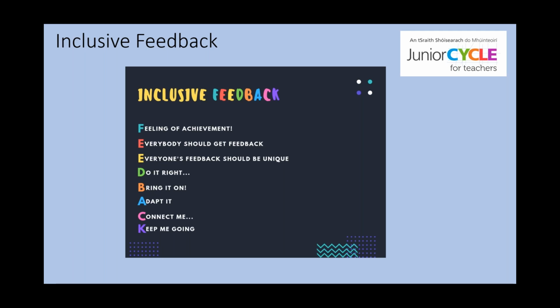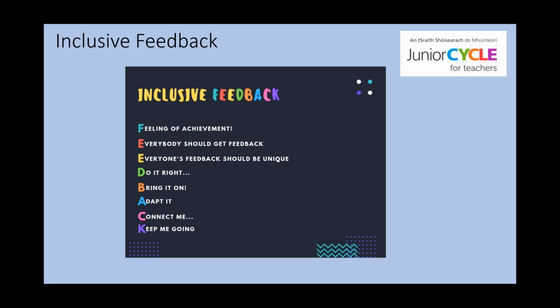So adapt it is in relation to the particular cohort group of students that you have in front of you. Some students don't like being made an example of. Some students prefer a thumbs up, or perhaps a pat on the back, or a homework pass. So adapt it really is about knowing your students, knowing who is in front of you.